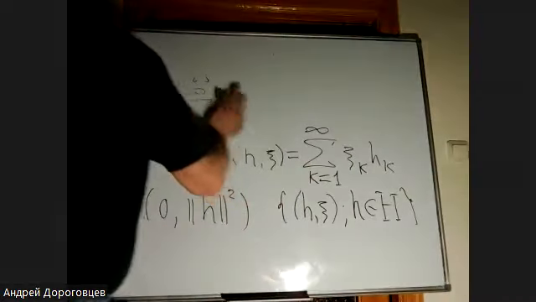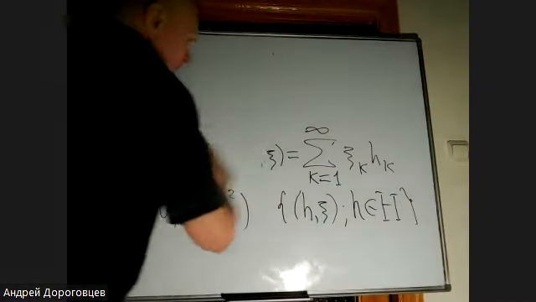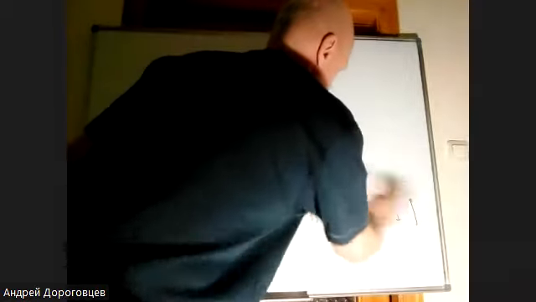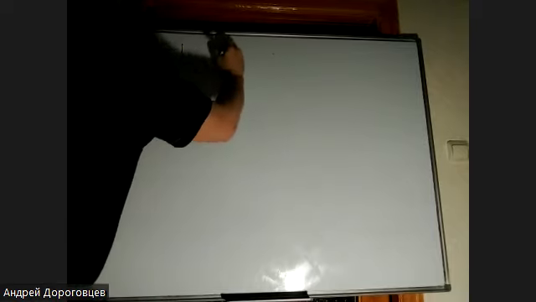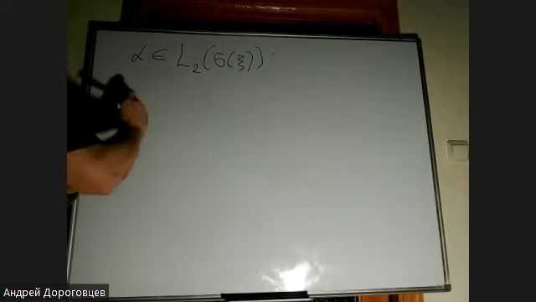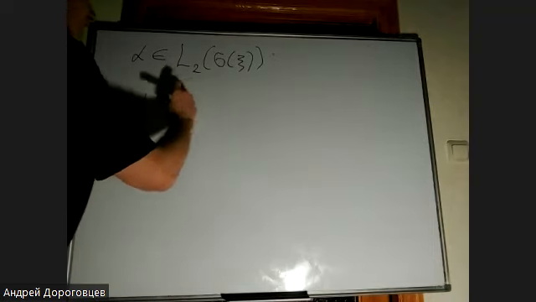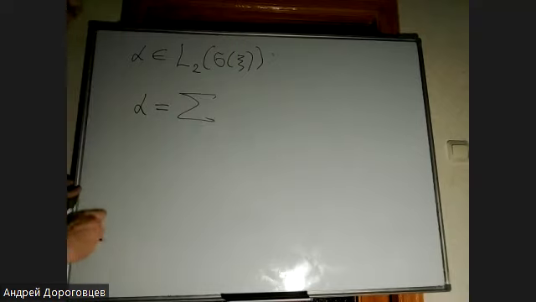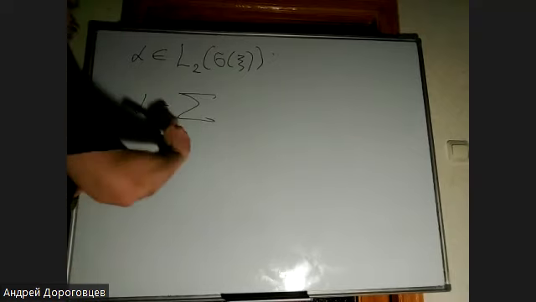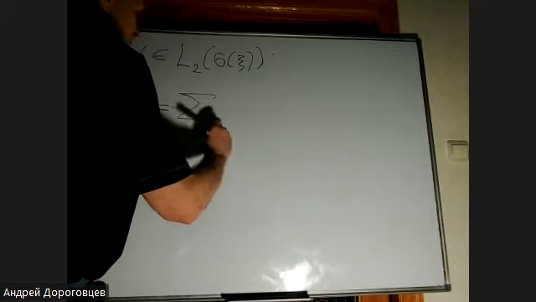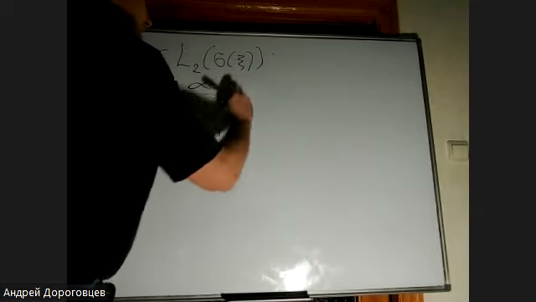We discovered that if alpha belongs to L2 of sigma(psi), then it can be uniquely represented as a series which converges in square mean of the following summands.